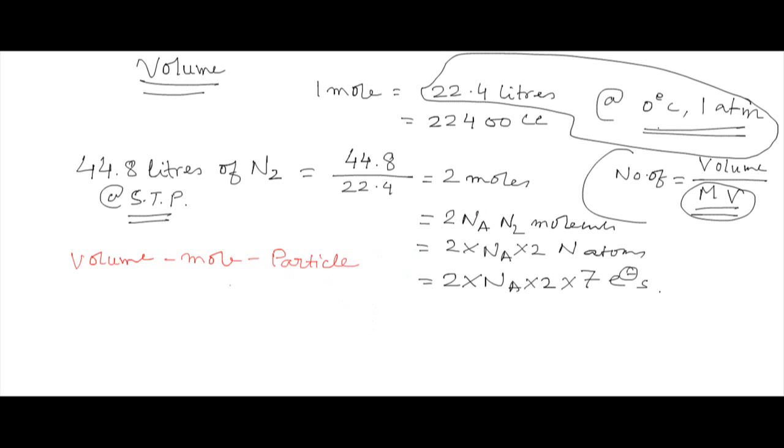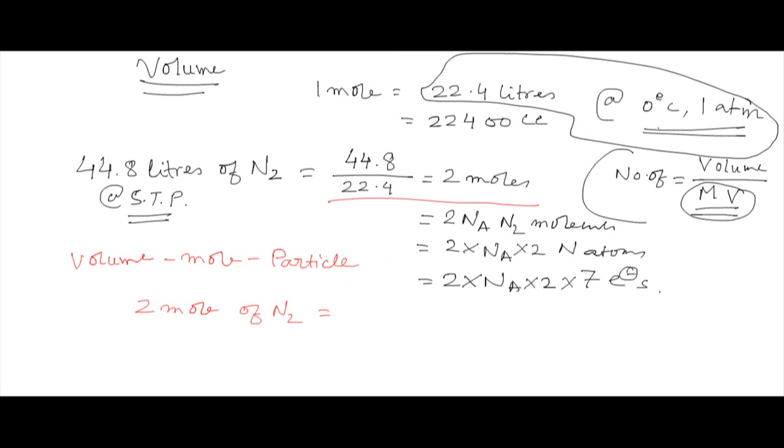So in case of weight, I already know that it is 2 moles of N2. If it is said how many grams of N2 are there in 44.8 liters of N2, first I calculate the number of moles, like here we did.